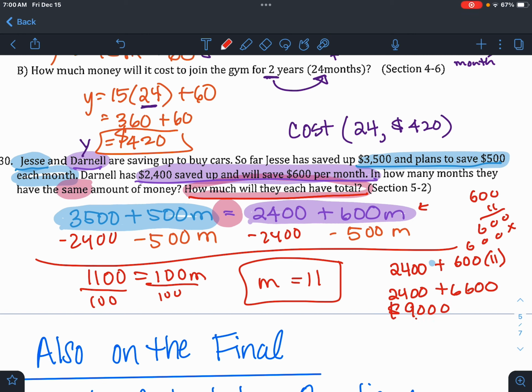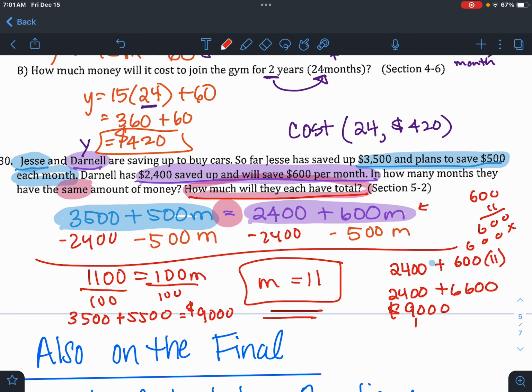And of course, you want to check your amounts with a calculator to make sure you're doing it right. Or we could have done it on the other side, and we would have had 3,500 plus 500 times 11, which is 5,500. And when you add this up, you also get $9,000 because we know that's when they are the same, right?